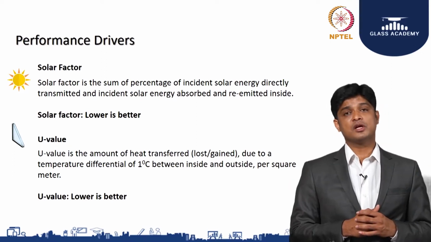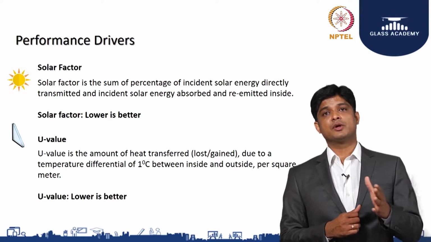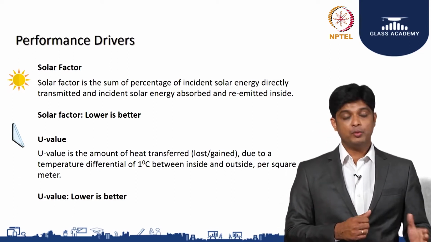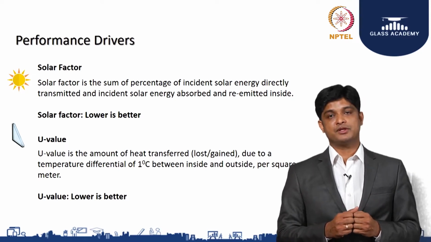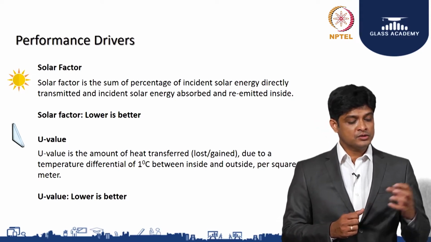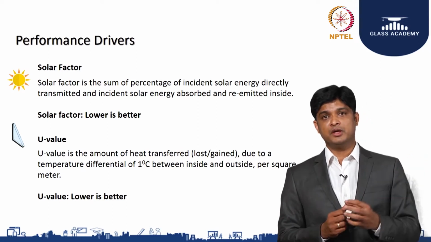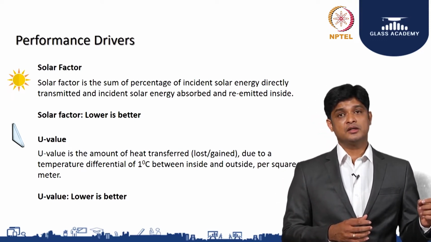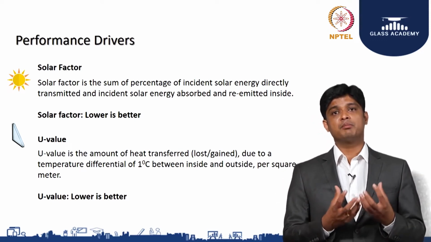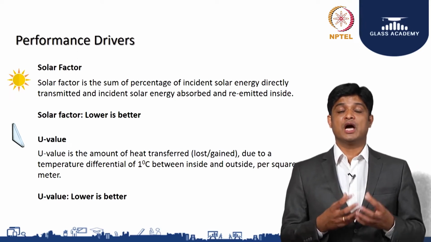Say for example, solar factor is nothing but the percentage of direct heat transfer that's going to happen into your building. U value is nothing but the heat transfer that happens because of the temperature difference. So for an example, I have a source called the sun, and the sun is going to give me direct heat which is going to transfer into the building, and the same source is going to heat up my entire environment, which is going to be the ambient temperature.